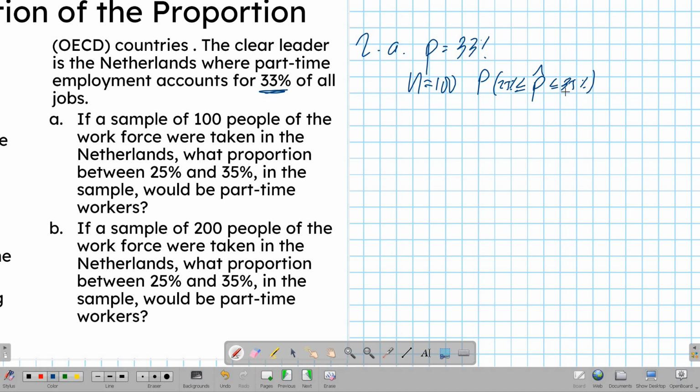So we have to get the z-scores of 25% and 35%, and to do that, we first need the standard error of our proportion.